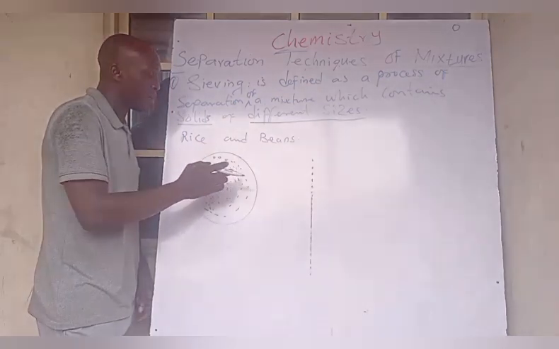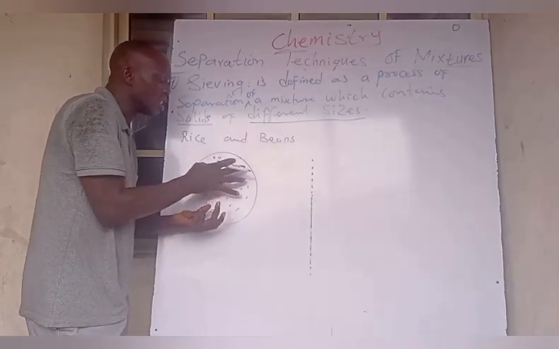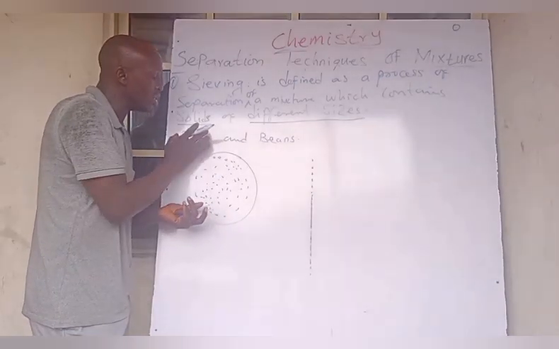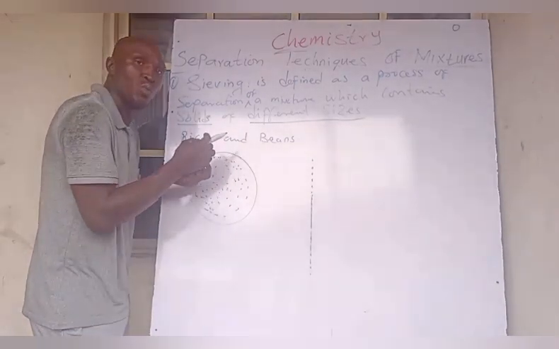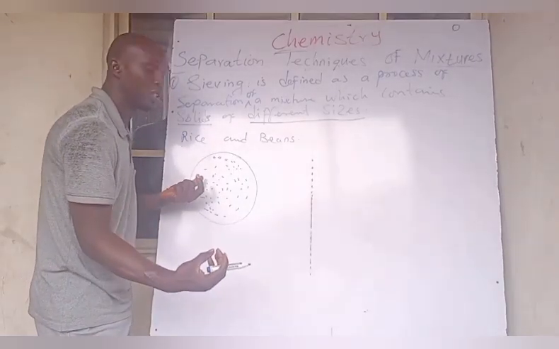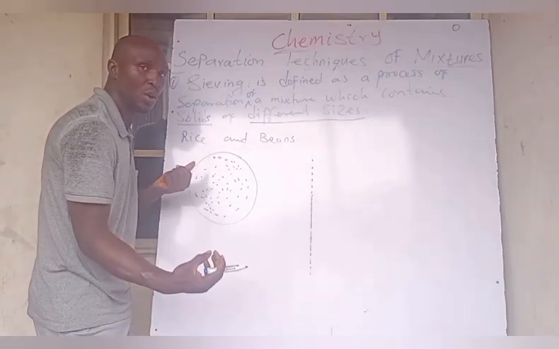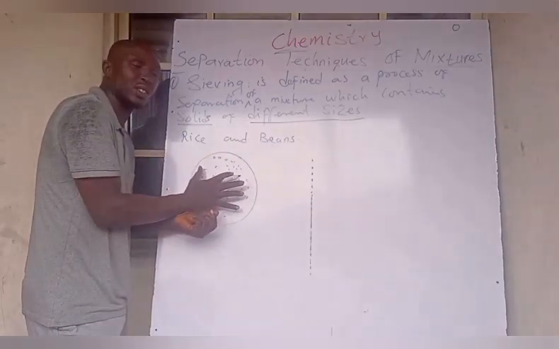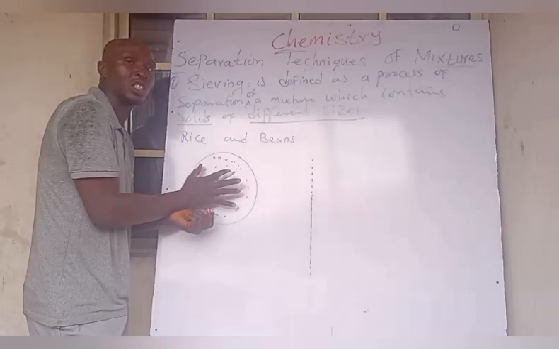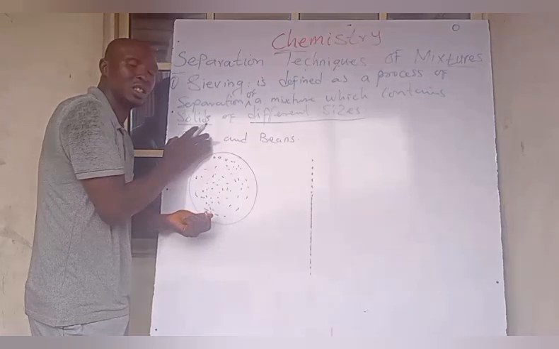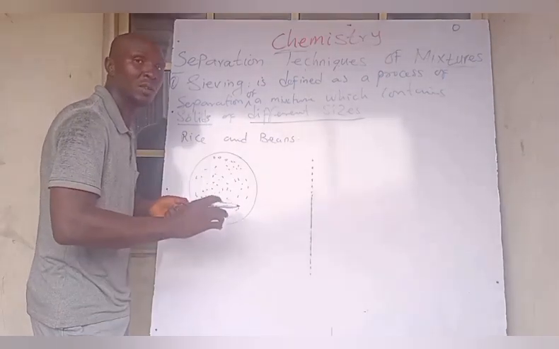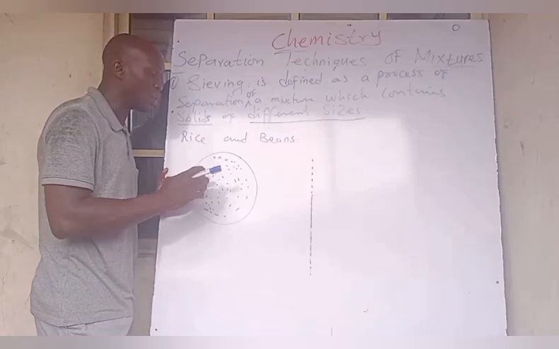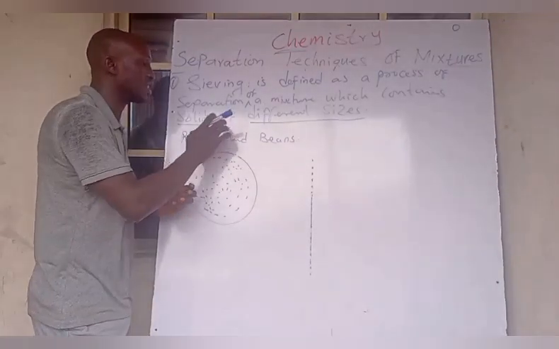So that as I pour the rice and beans in this tray or in this sieve, only the rice will move out of the sieve through the mesh. And then I will have the leftover beans still on the tray, while the rice has been separated, passing through the mesh. So in that way, I'm able to separate rice from beans.